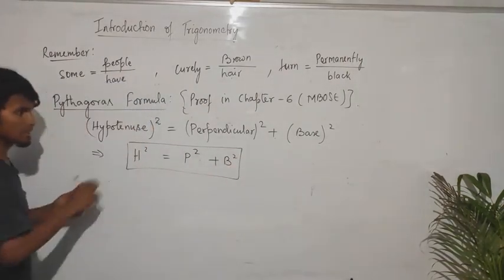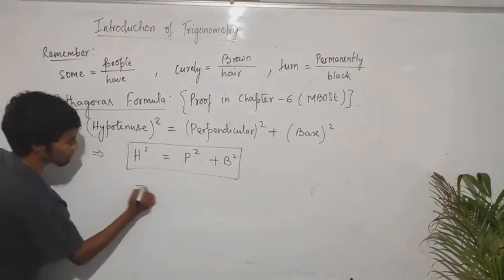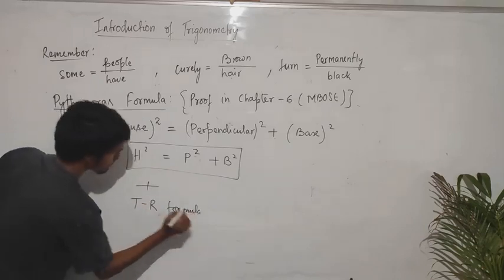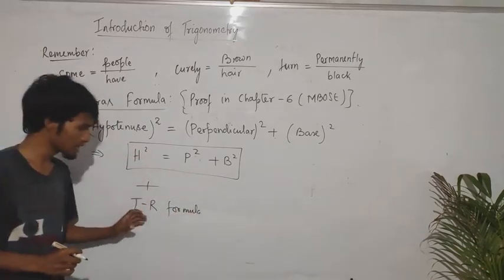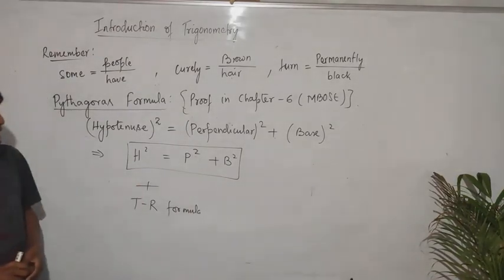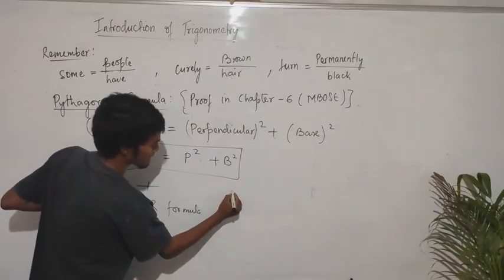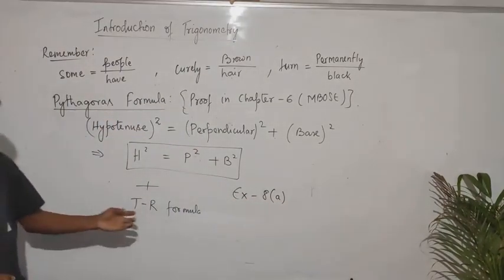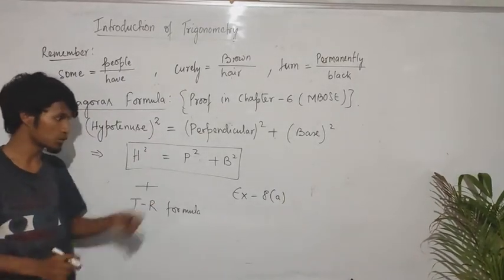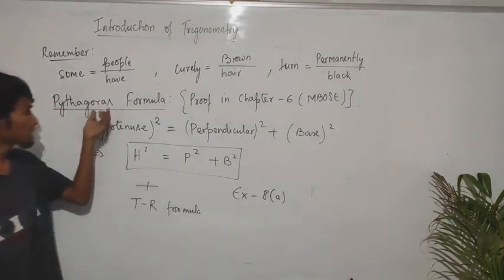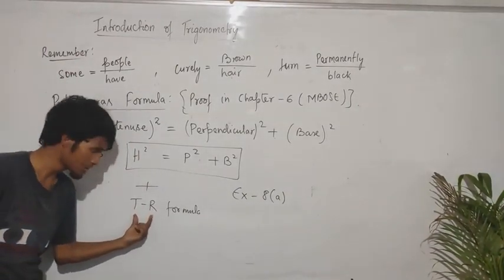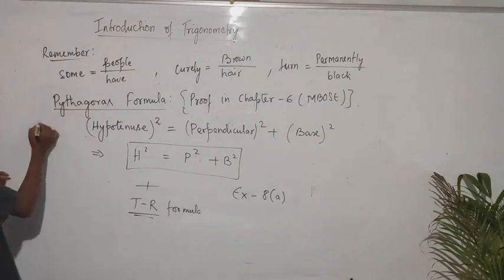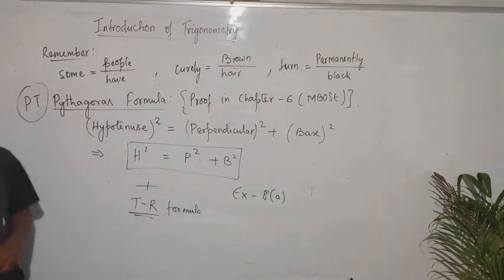Now we'll use this formula together with the TR formula. Okay, this formula and this formula we'll use to do the exercise. Exercise 8A. Now in this chapter, exercise 8A means only these two formulas are used: the Pythagoras formula and the trigonometric ratios formula. In short, we write TR, and this one we sometimes call PT, Pythagoras theorem.